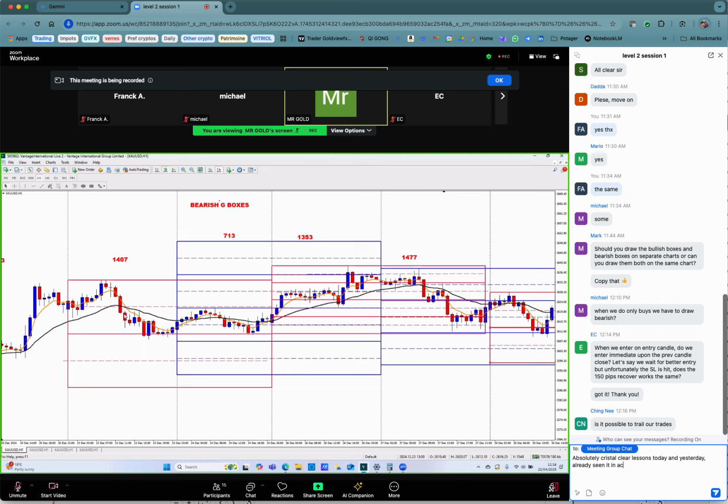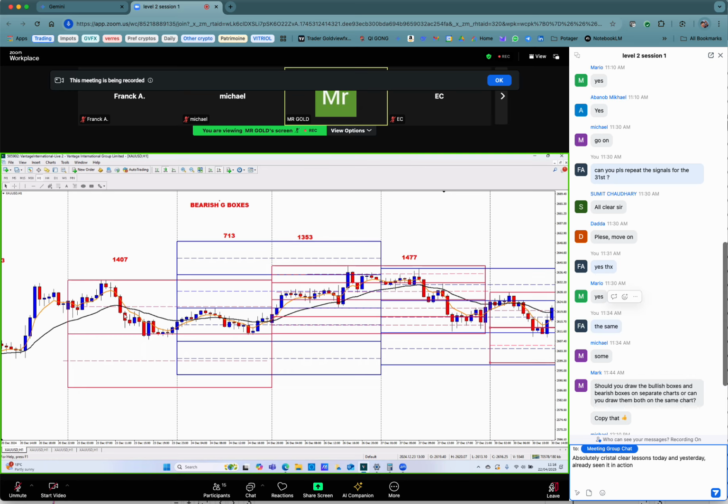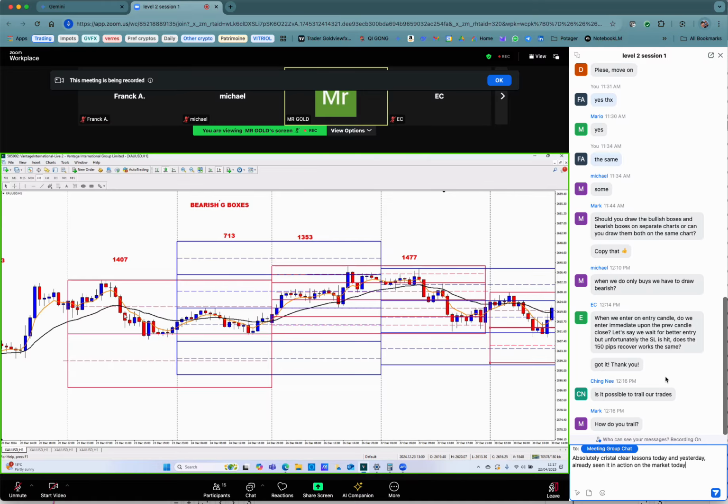Any other questions? Trailing, there's a post on the channel, how to trail, that has the different ways you can trail. So just read that. Because there are many ways you can trail. And on the pinned messages, if you search for how to trail, you will see the different options of trailing.